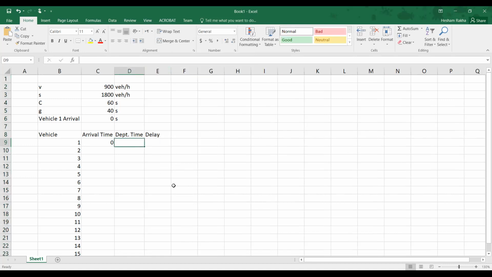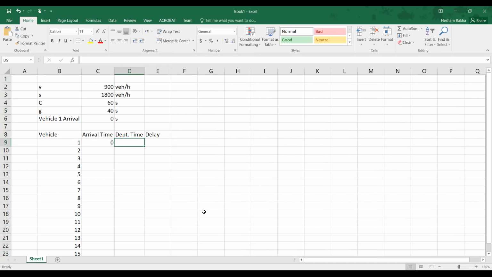Okay, so let's say it is red from time 0 to 20. Is that correct? Because we told you that the effective green is 40 seconds and the cycle length is 60 seconds. So the effective red time would be 60 minus 40, which is basically 20 seconds.